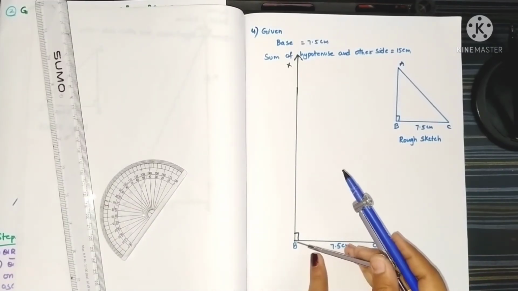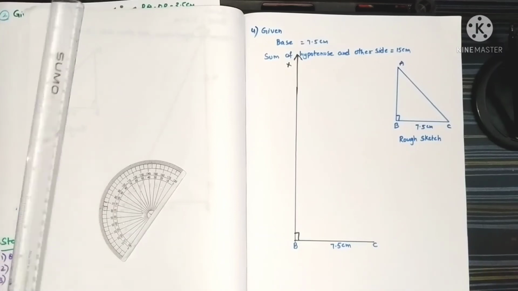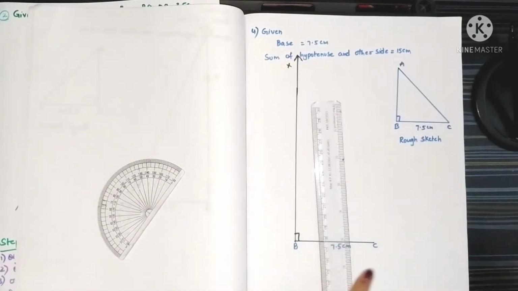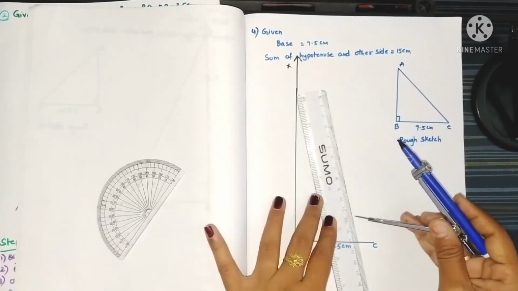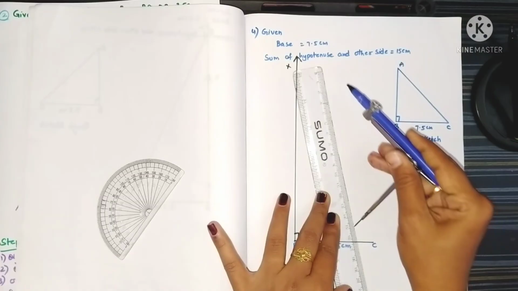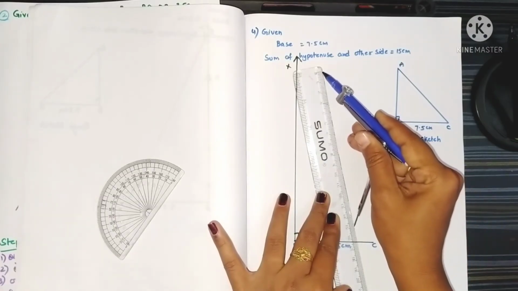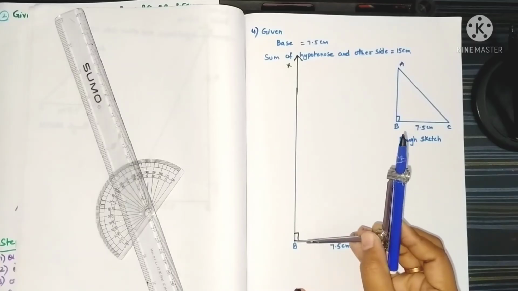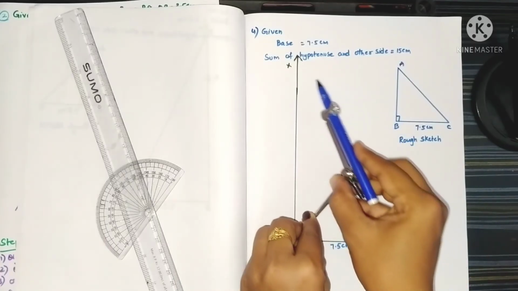So after drawing the ray, we have to draw an arc with the radius 15 centimeters, because sum of two sides, hypotenuse and one side, 15, na? So measure 15 centimeters radius like this, and by taking B as center, draw an arc.